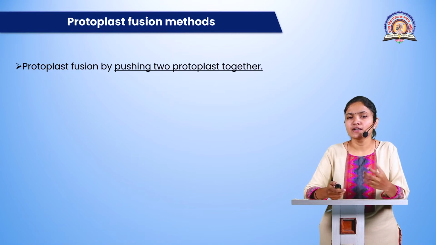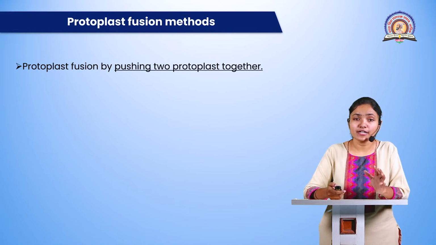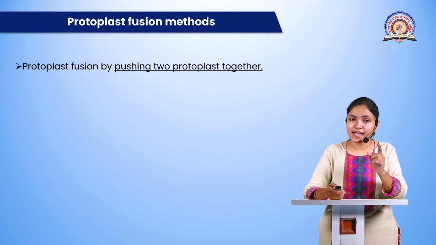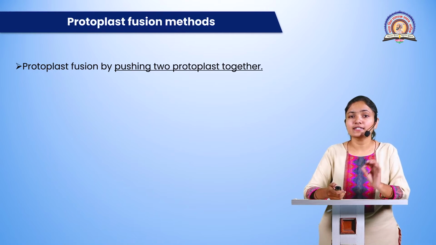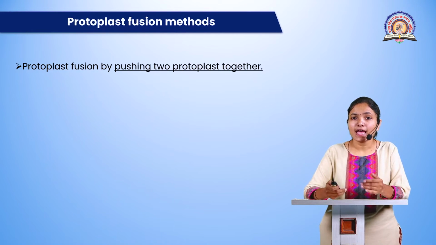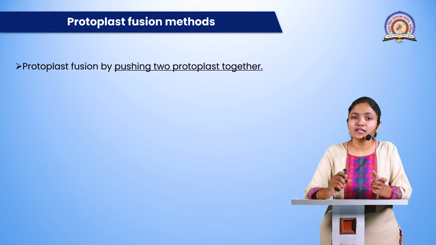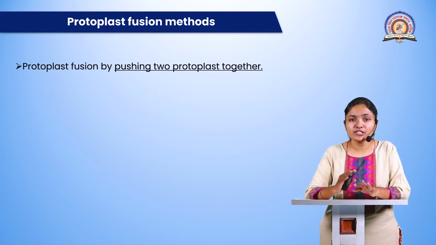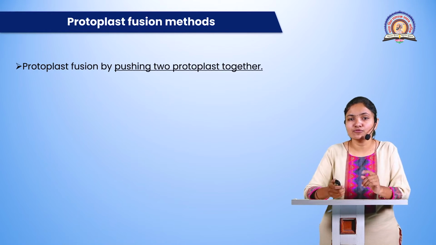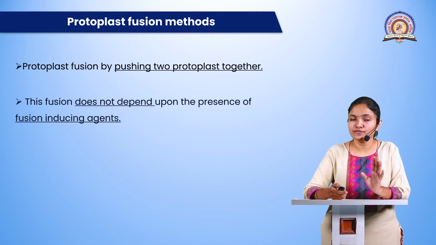Now you will wonder why they will fuse with each other. Let me tell you that the cell membrane of the protoplast contains a lipid bilayer, and if two protoplasts come in contact with each other, the lipid bilayers will mix with each other, so that they can give you a single cell after the fusion.